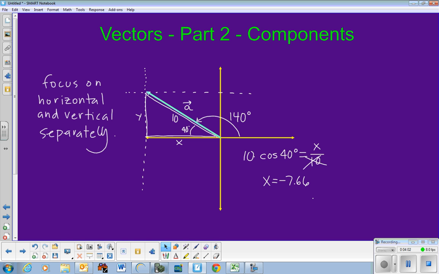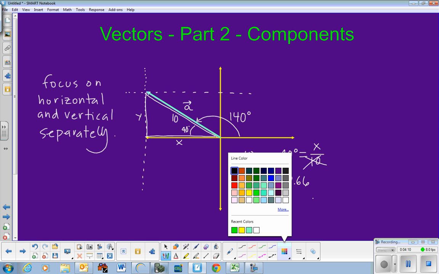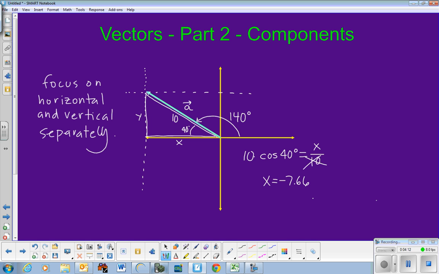So if you're more comfortable using 40 and just remembering that it goes left, that's fine. I would suggest use the 140, and then you don't even have to think about it. But one way or the other, you should know this thing is negative first and then positive because I go left and up.